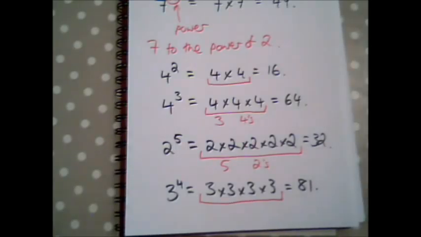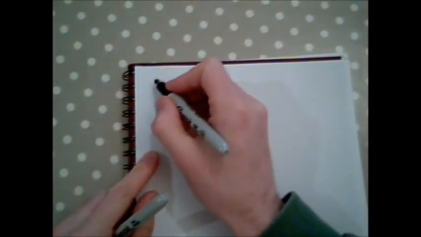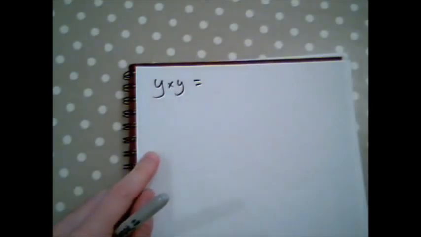So what we're going to do now is have a look at fairly small powers of x. We're going to look at multiplying some terms together. Let's start with y. What would y by y be?